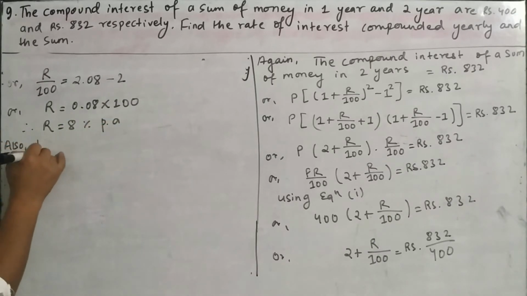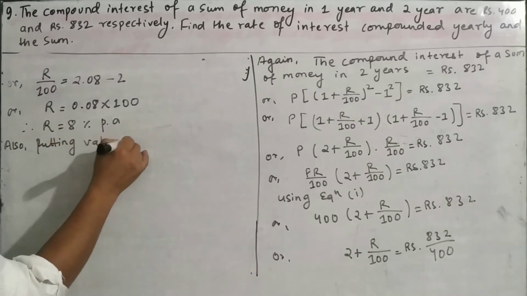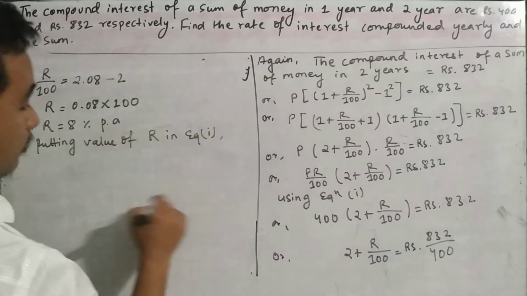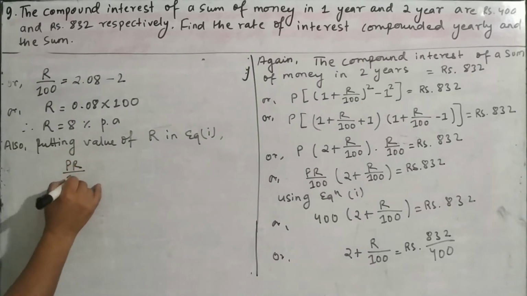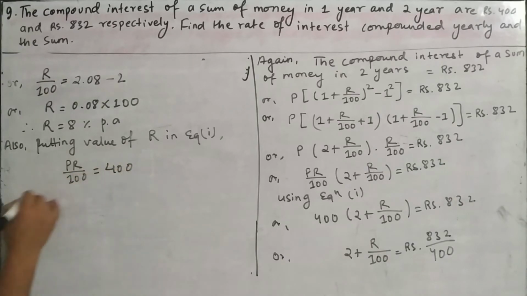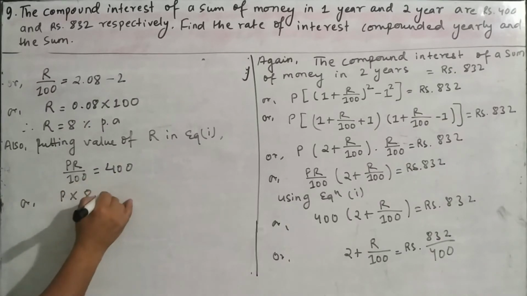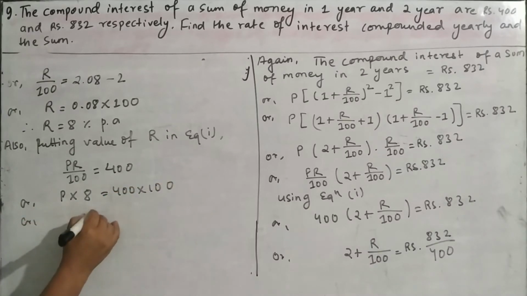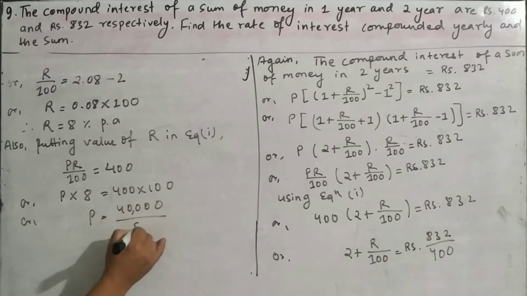Also, putting the value of R in equation 1. What was equation 1? Equation 1 was PR/100 = 400, or P into 8. By cross multiplying you get P is equal to 400 into 100, which is 40,000, divided by 8.